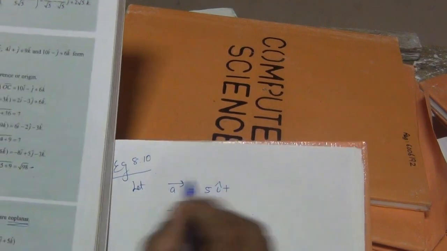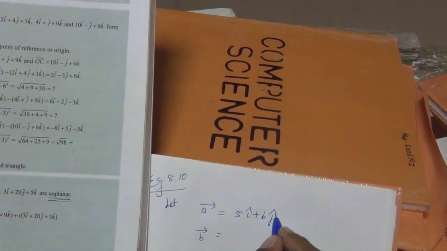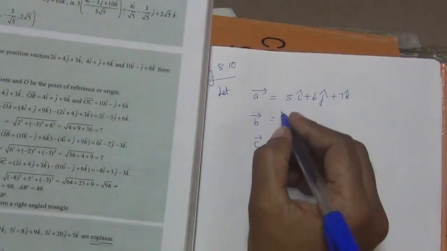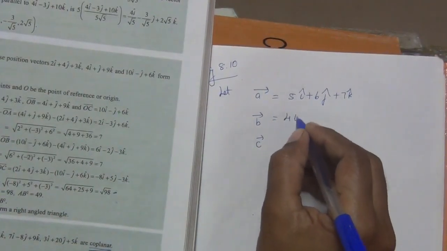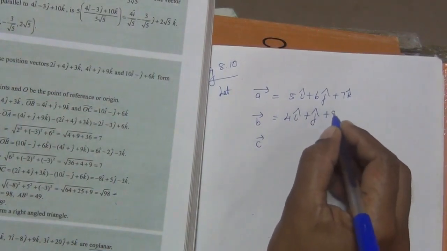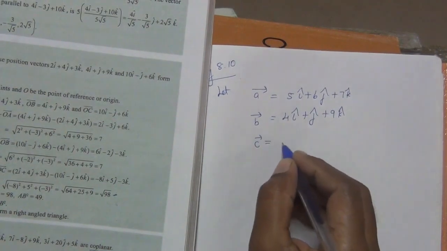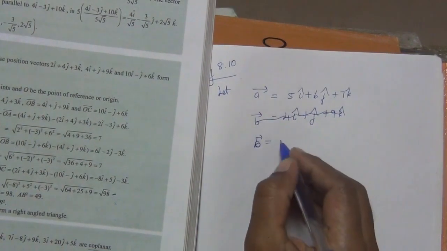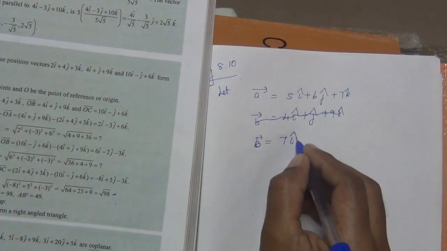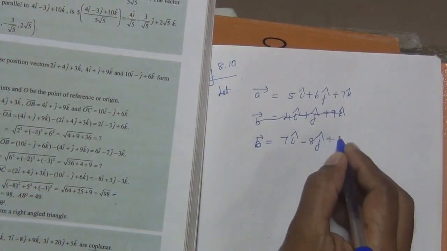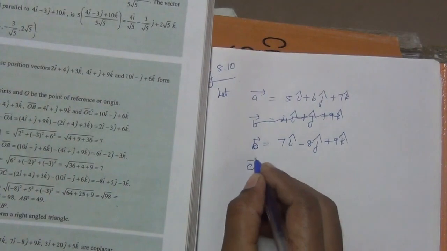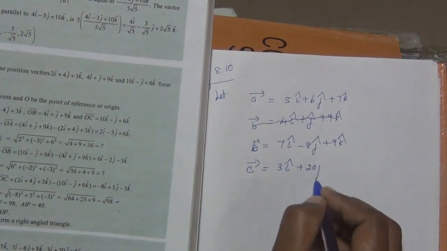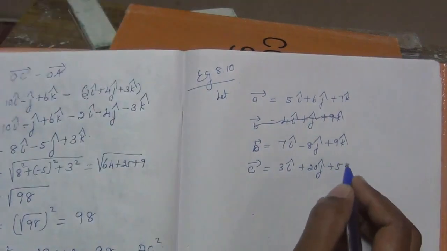So A vector is 5 I cap plus 6 J cap plus 7 K cap. B vector is 7 I cap minus 8 J cap plus 9 K cap, and C vector is 3 I cap plus 20 J cap plus 5 K cap.